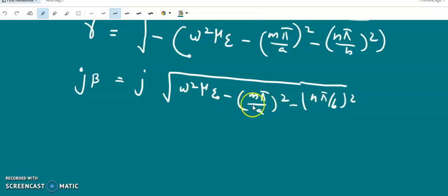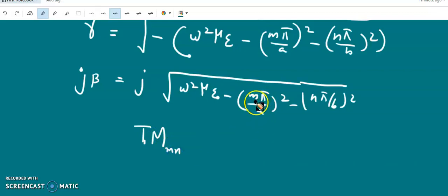And here we know that m can take any integer values 1, 2, 3, etc. up to infinity, and n can also take integer values. So the combination of integers m and n defines a possible mode that is designated as TM with integers small m and n.